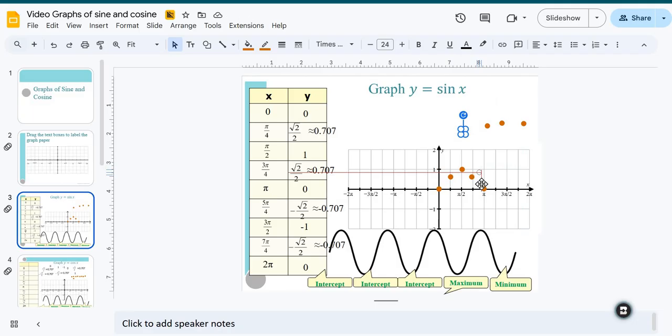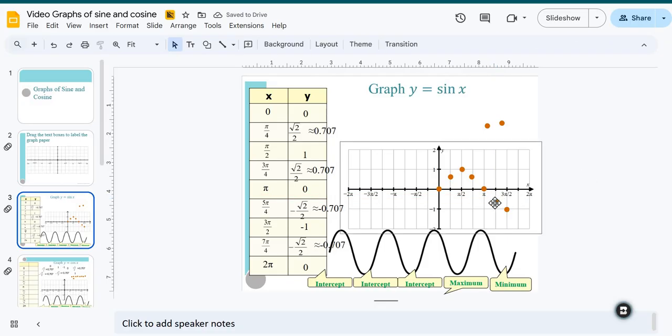So now filling in the rest of our values.